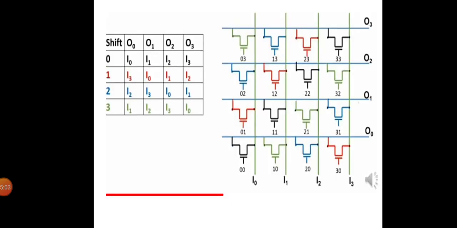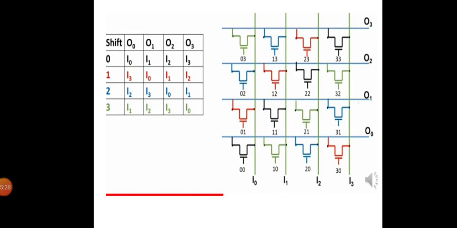This diagram shows how the bits are transferred. For a shift of 0, the output is I0, I1, I2, I3. When the shift is 1 bit, the outputs will be I3, I0, I1 and I2. When a 2-bit shift is done, the output will be I2, I3, I0, I1.